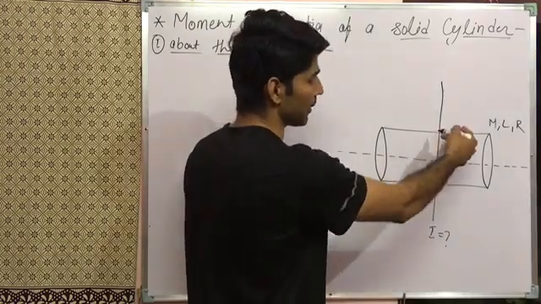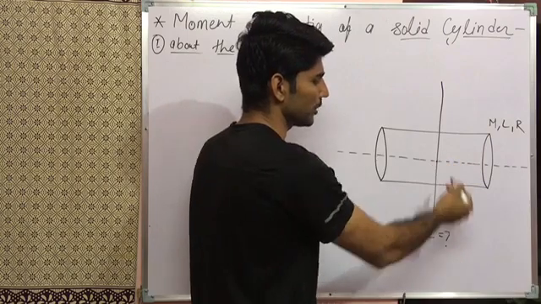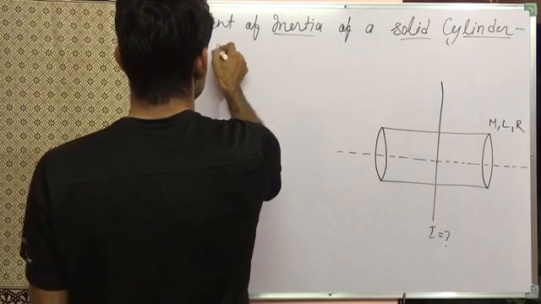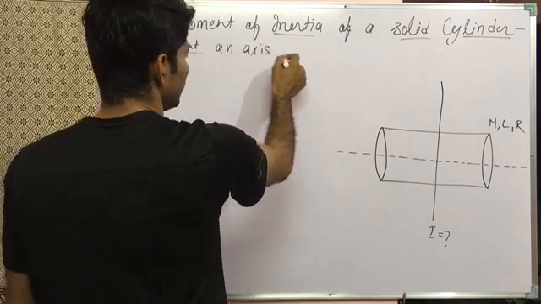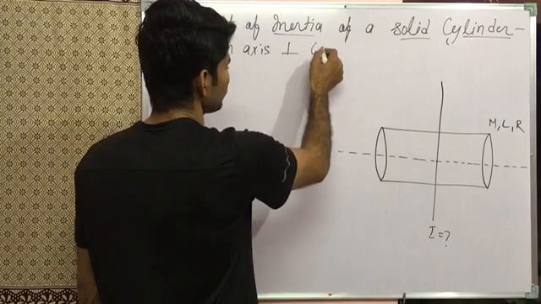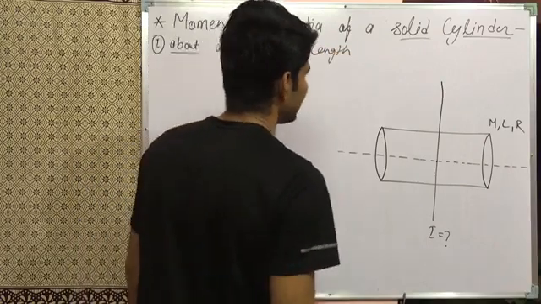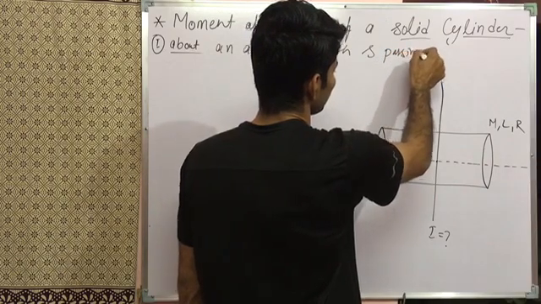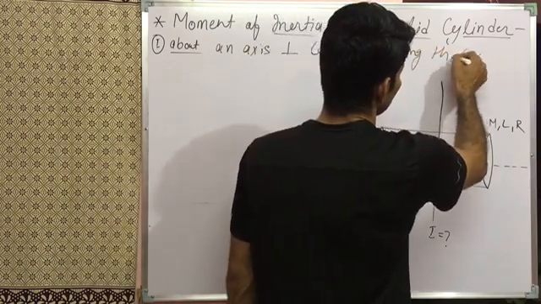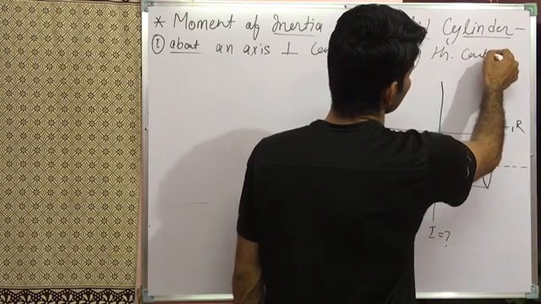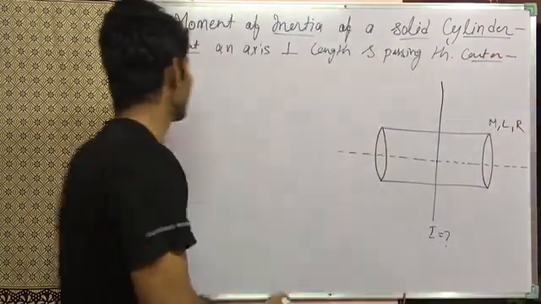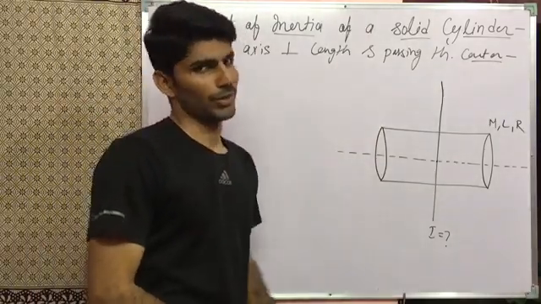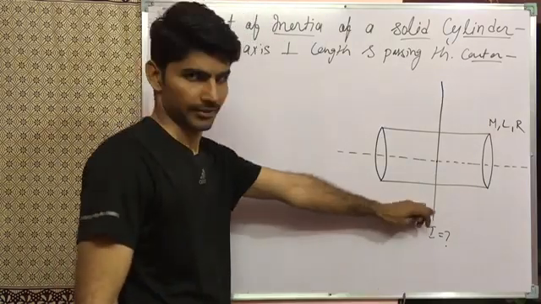This axis is perpendicular to the length and passing through its center. So I write: about an axis perpendicular to the length and passing through its center. So here is our second case, in which we determine the moment of inertia about an axis perpendicular to the length and passing through its center, which is here.